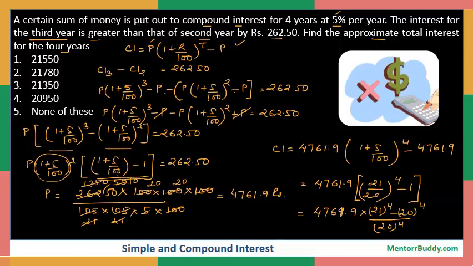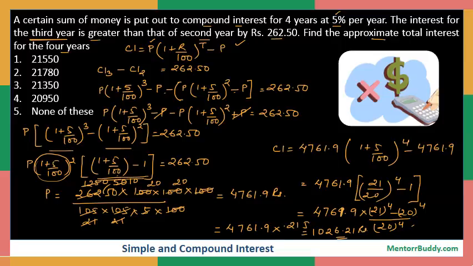So if I do the complete calculation of this expression, this will give me 4761.9 multiplied by, if I do subtraction of all the values that I have received, I will be getting a value which is equal to 0.21, approximately 0.215, and hence when it is multiplied with 4761.9 gives me an approximate interest of 1026.21 rupees. So this is an approximate value which can be rounded off to 1026 rupees.